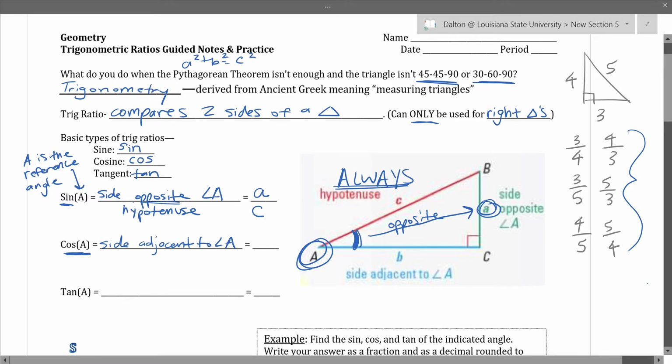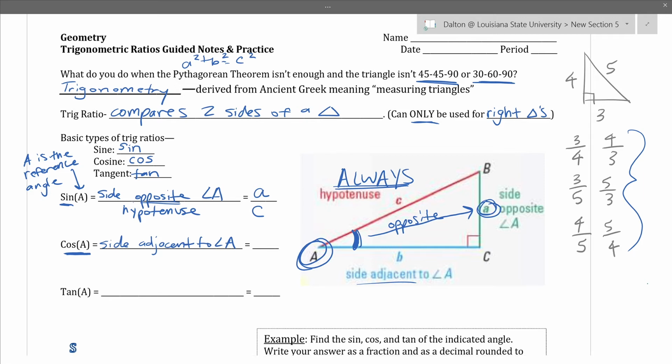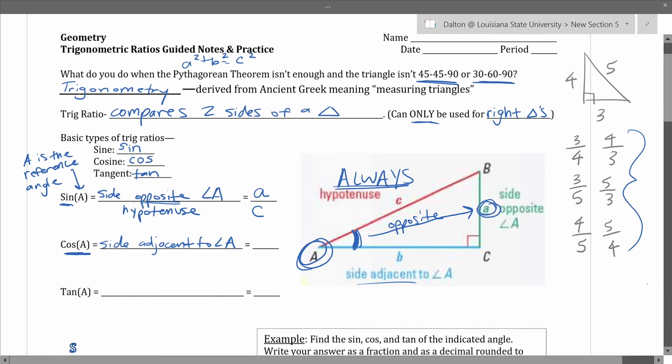Hopefully you could say, well, side B, because it says so right here. But you could also argue that the hypotenuse is touching angle A, right? Isn't this red side right here touching angle A? But the issue is that the hypotenuse can never be anything else. So once you deem a side is the hypotenuse, you cannot use it as an opposite or adjacent side. Okay, so that's reserved for the other two legs of the triangle.